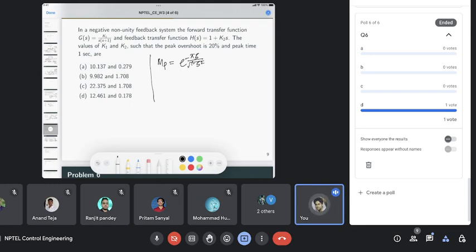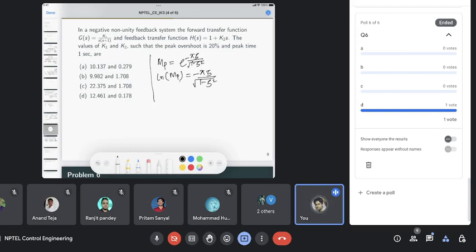You can simplify it and write the damping ratio in terms of the peak overshoot MP. For that you take the logarithm on both sides, so it will be ln MP equal to minus pi zeta by square root of 1 minus zeta square.